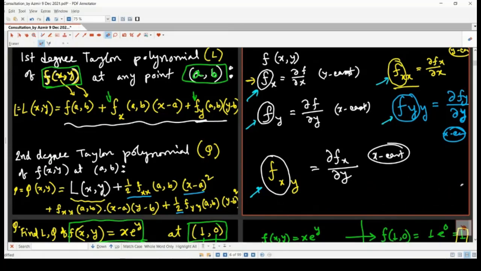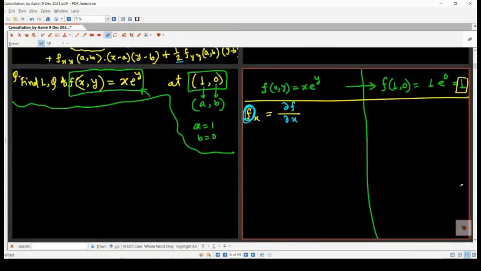So we are going to differentiate f. There is no need to write this one. You can do this with your pencil.